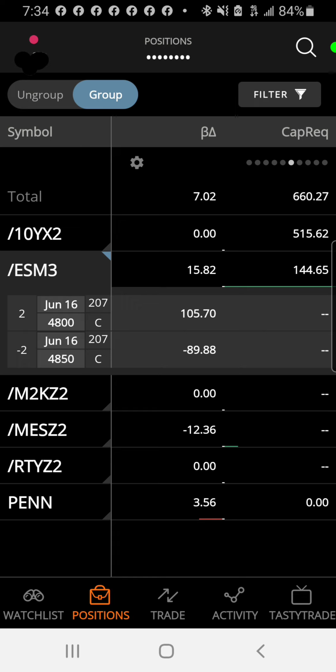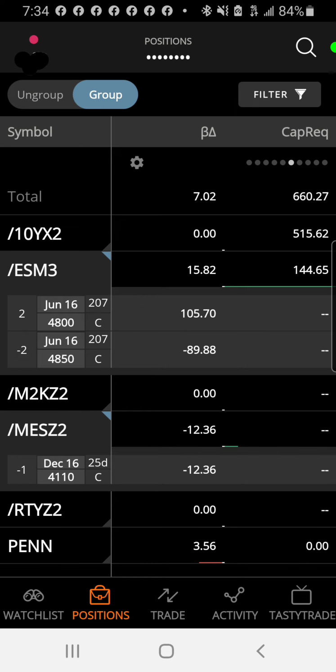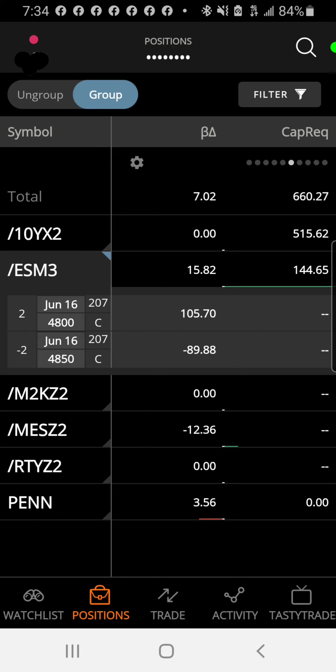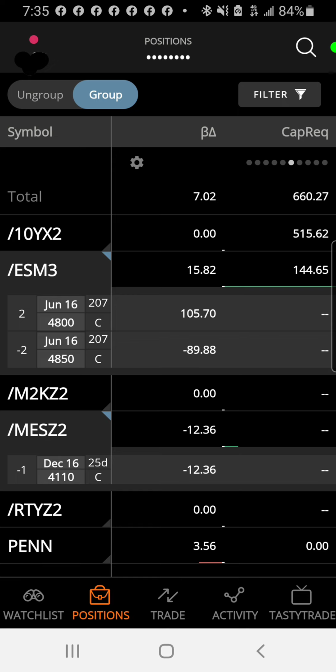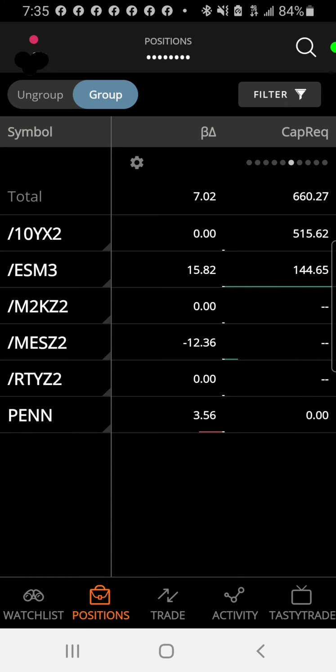But anyway, back to these two that I've just expanded. When you're doing an MES contract, you're trying to maybe hedge a longer term ES contract or something like that. Like I said, for the ES, you multiply the delta that you see on the options chain by 500. For the MES, whatever delta you see up there, you multiply that by 50. And it's the same for the Russell, the micro Russell.